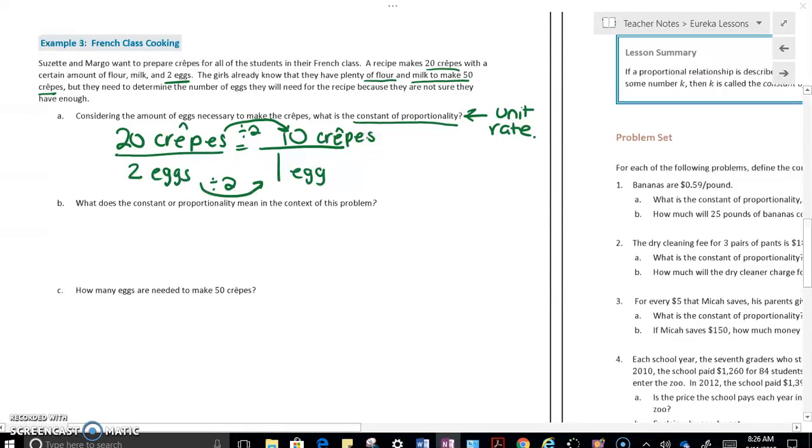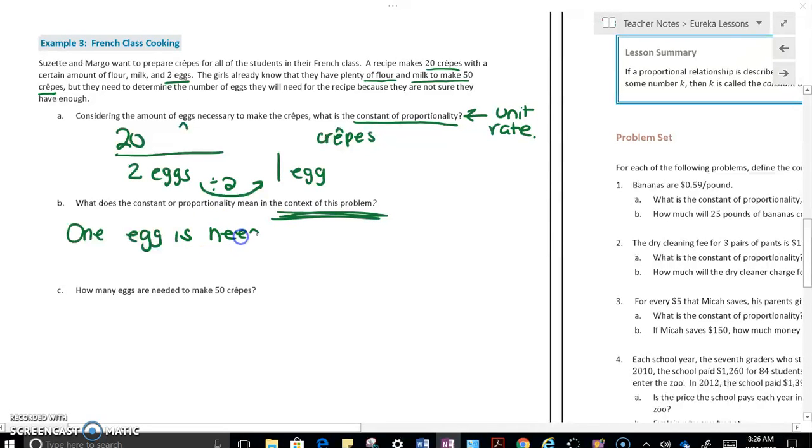Now, what does the constant of proportionality mean in the context of this problem? 1 egg is needed to make 10 crepes.